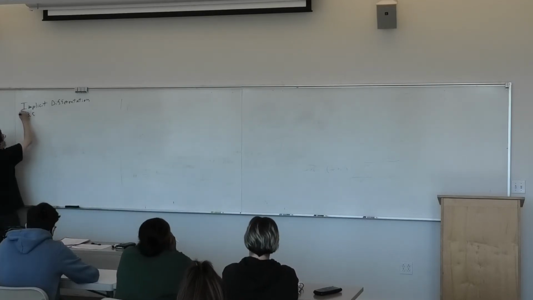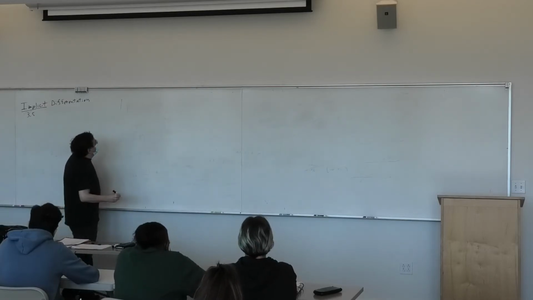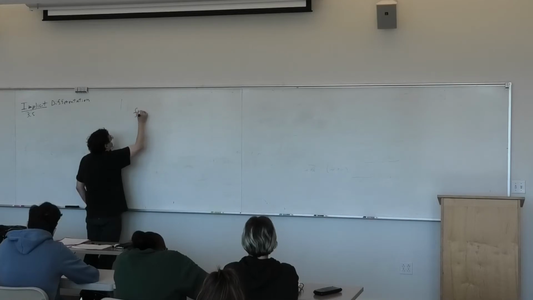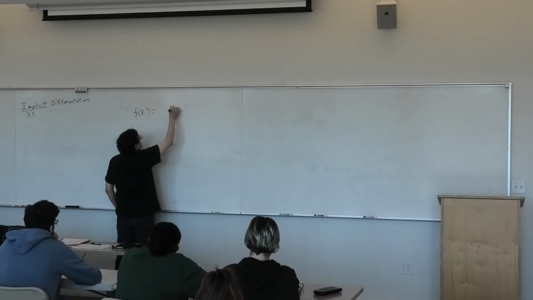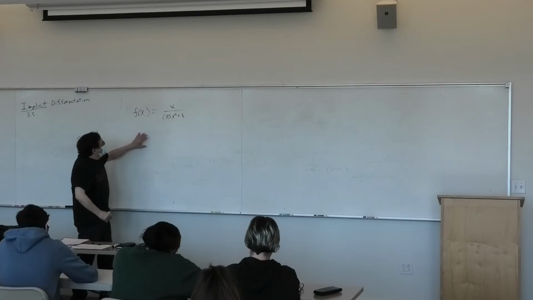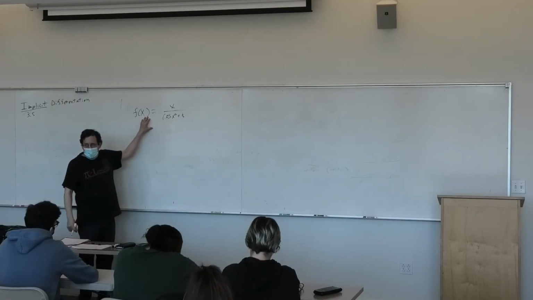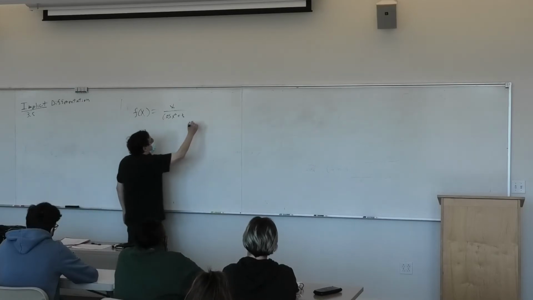First thing is I want to help out with what this vocabulary means. If I have some function, it doesn't really matter, x over cosine of x squared plus 3, whatever, my function here is explicitly defined.